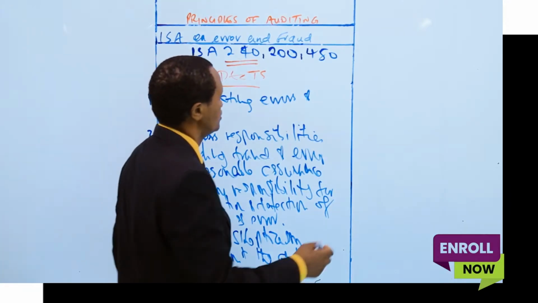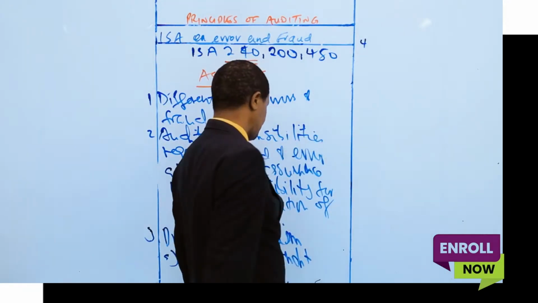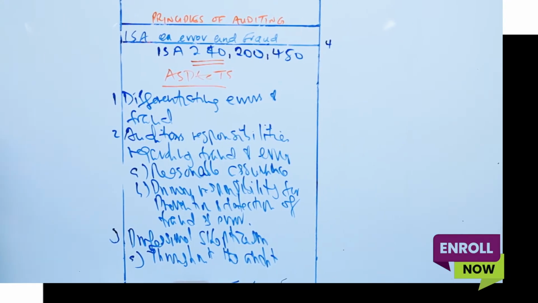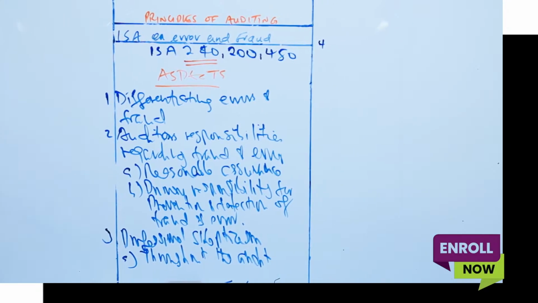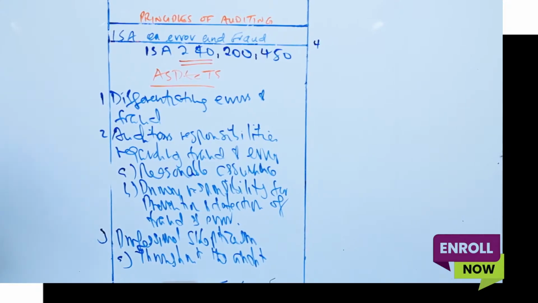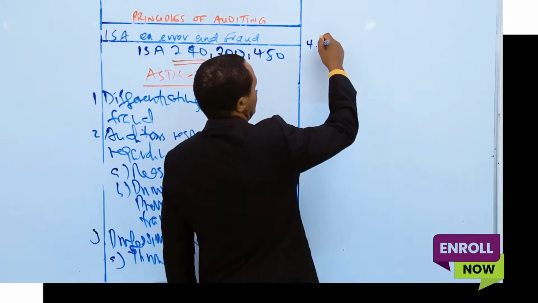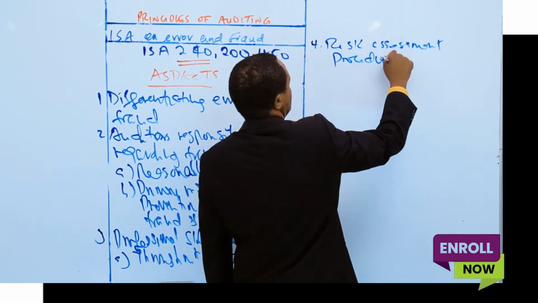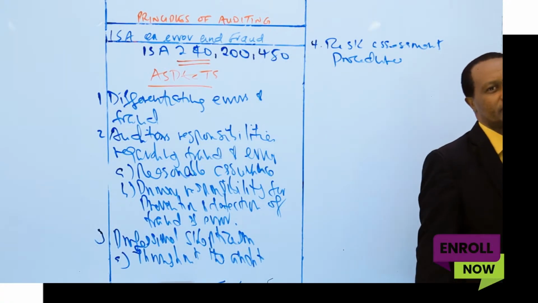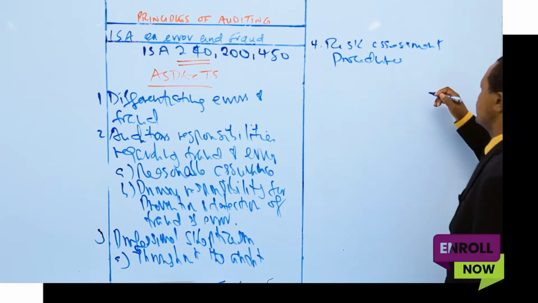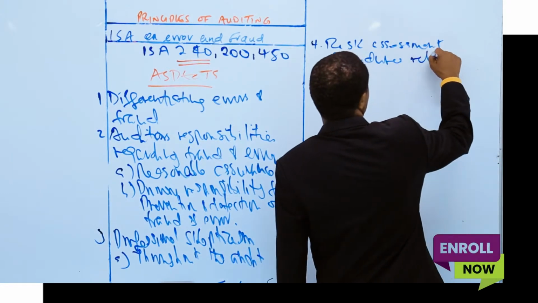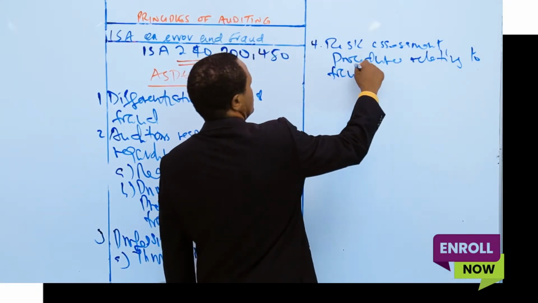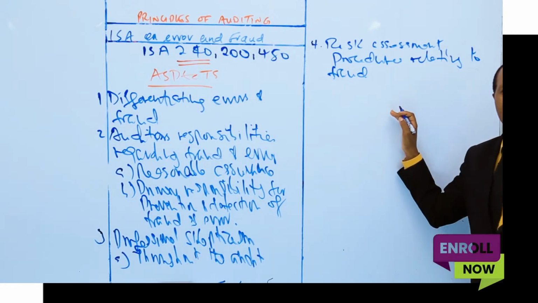Let's move on to the fourth aspect of the International Standards on Auditing on error and fraud: risk assessment procedures relating to fraud.